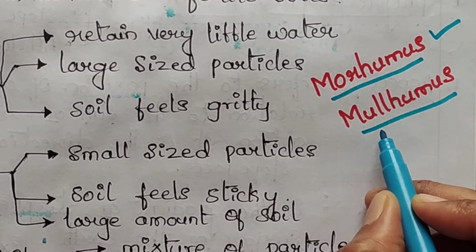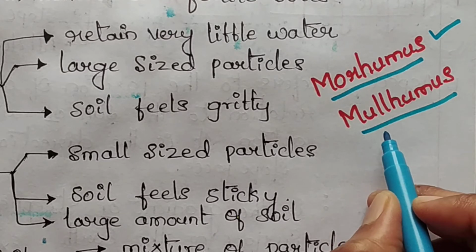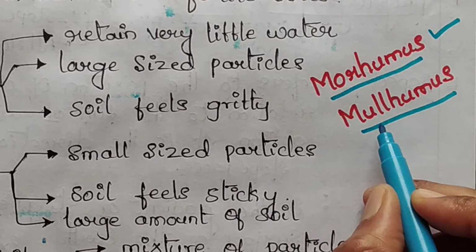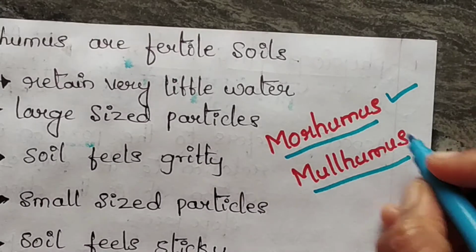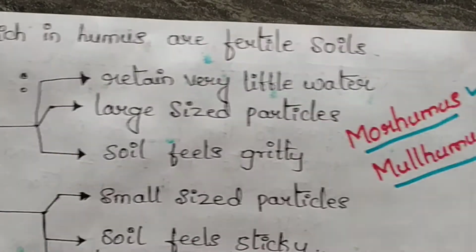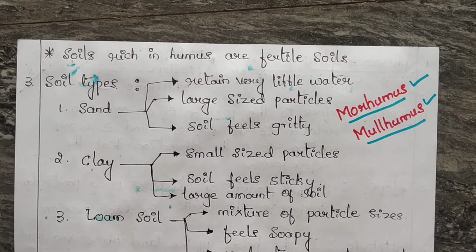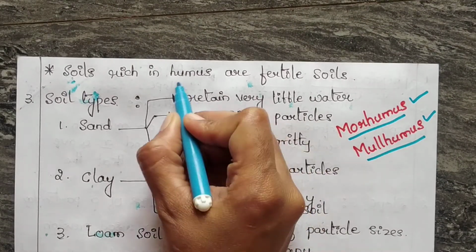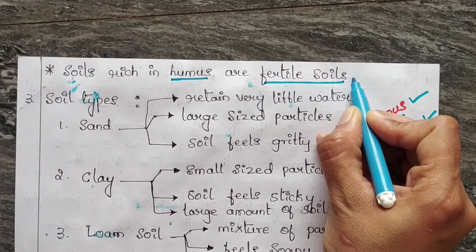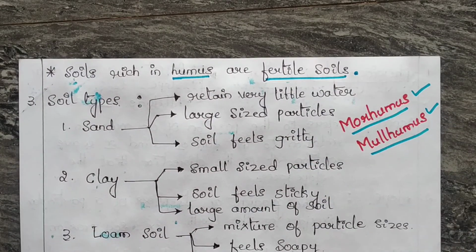And if there is a presence of microbes or earthworms, then that humus is called mull humus. These are the points I would like to mention. Okay, let us move on to soils rich in humus, or fertile soils. I have explained this: if the soil is rich in humus, that means it is very fertile soil.